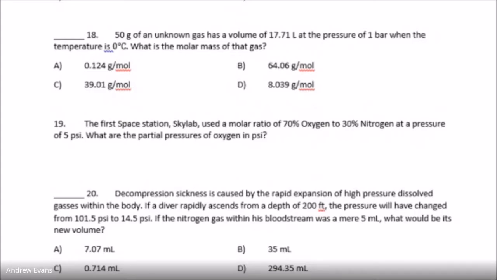So I'm given 50 grams, a mass, a volume of 17.71 liters. Pressure is 1 bar. Temperature is 0 C, which means 273 Kelvin.